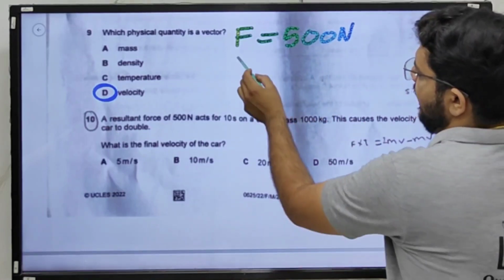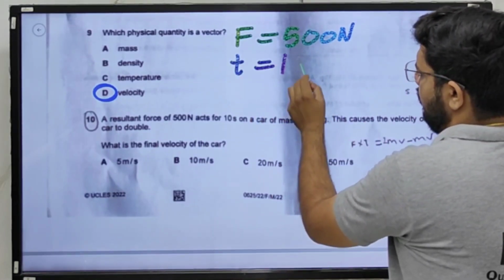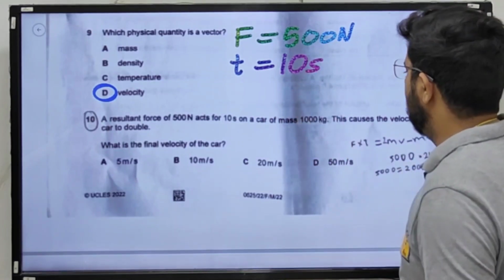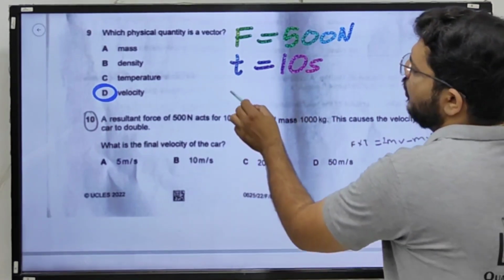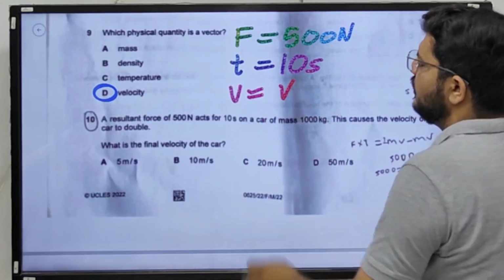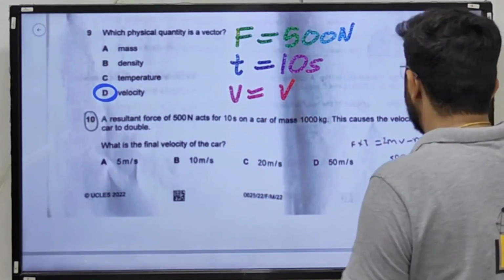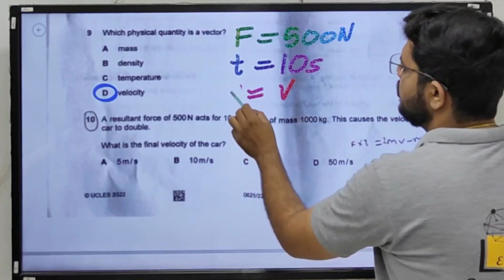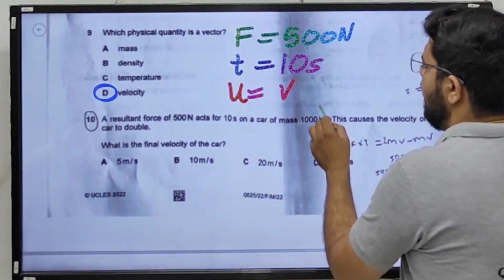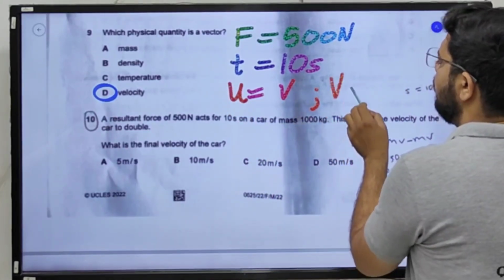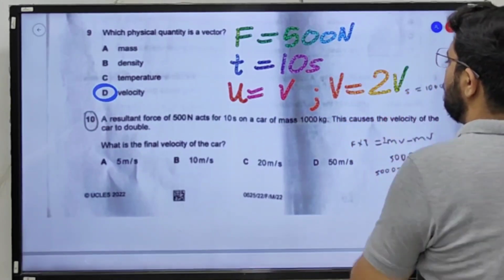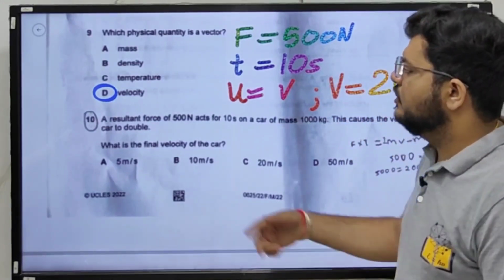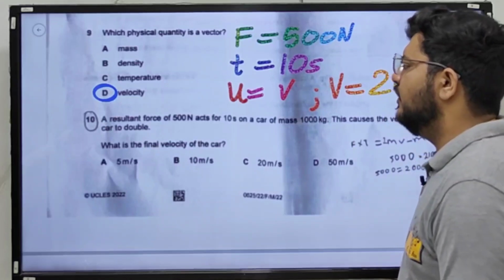You have time is 10 seconds and let's take velocity is equal to v, right? It doubles. So shall I write here that u, the initial velocity, is v and the final velocity is twice, 2 times v. So they are asking what is the final velocity of the car.